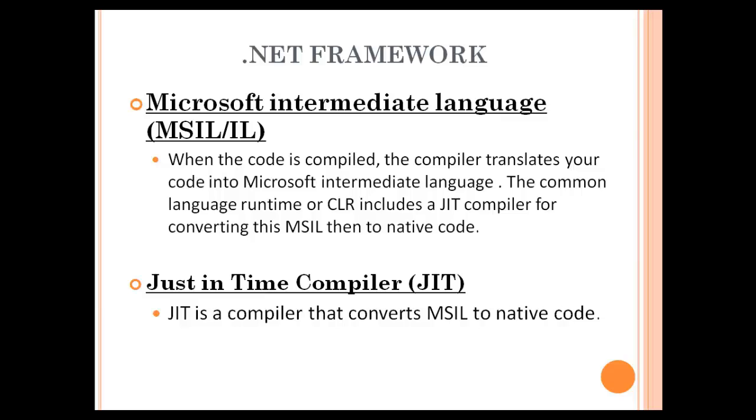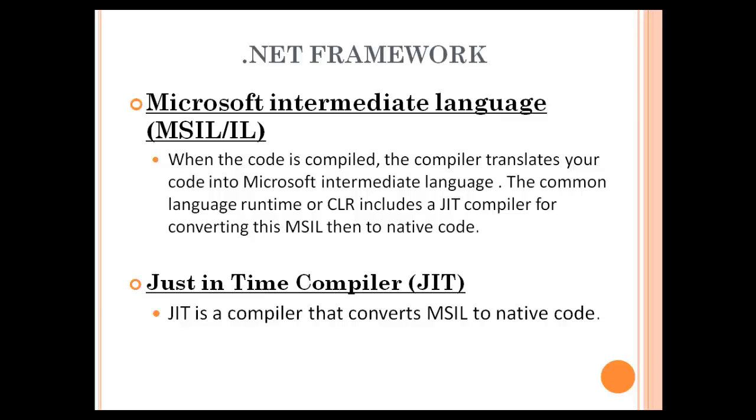So here is how the process goes: when the code is compiled, the compiler will translate our code into an intermediate language. Then the Common Language Runtime, or CLR, which consists of the JIT, that is the just-in-time compiler, will convert the MSIL into native code.